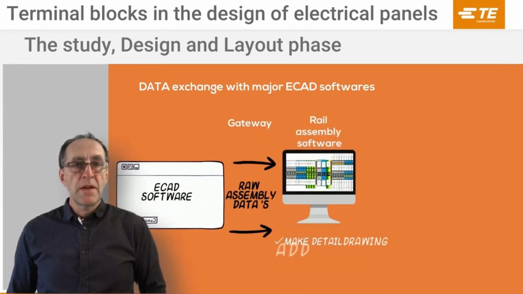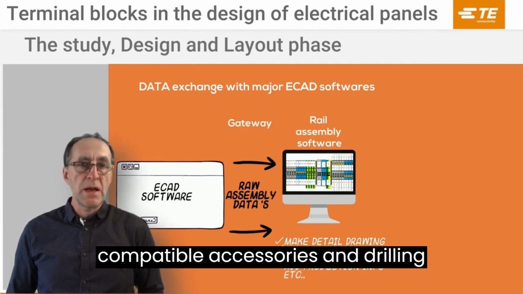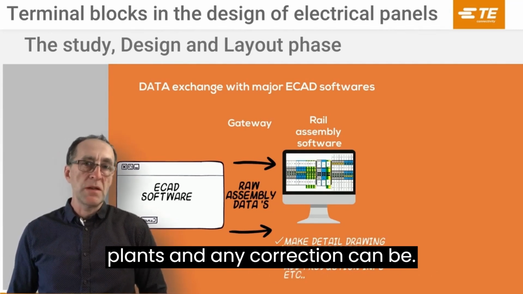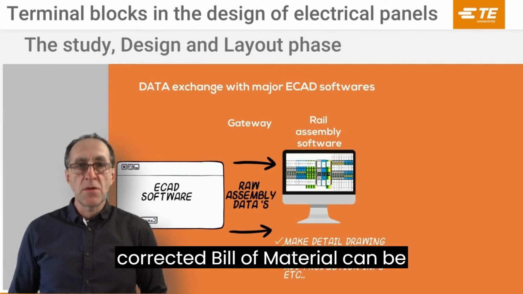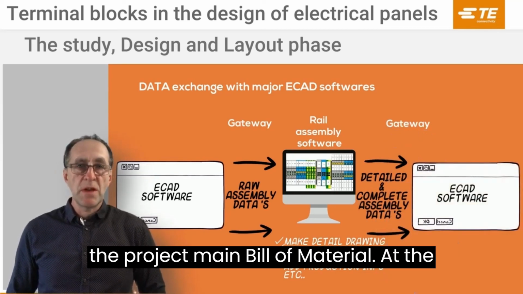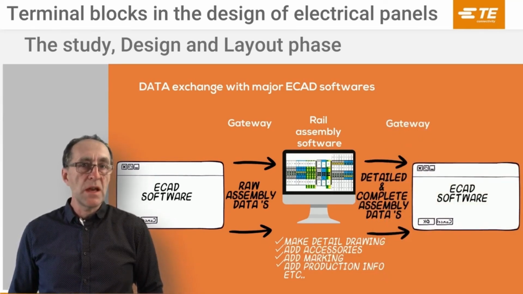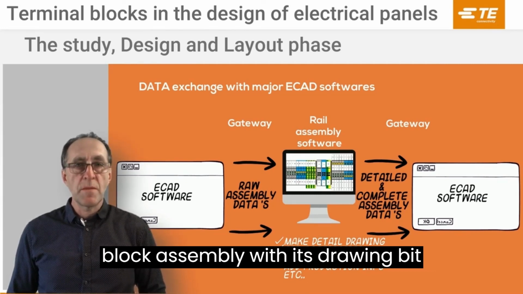Detail can then be added to the drawing using compatible accessories and drilling plans, and any correction can be made. Once this step is finalized, the corrected bill of material can be re-imported into the CAD to supplement the project's main bill of material. At the same time, the user can retrieve the complete technical file for the tower block assembly with its drawing and bill of material.